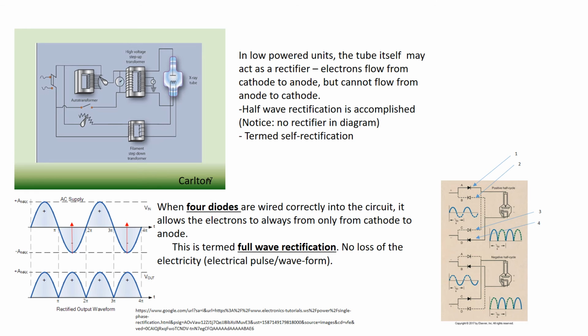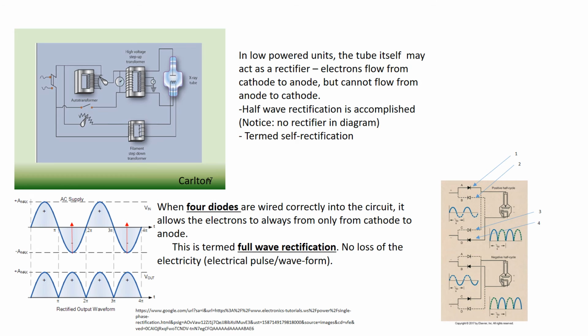If we take a look at the drawing over on the bottom left, here at the top we've got just a typical AC current, with the up hump representing the positive side of the cycle and the bottom the negative side. When you incorporate 4 diodes into the circuit and put those one-way street signs in there, so to speak, allowing electrons to only flow from the cathode to the anode, you actually take the bottom humps, those parts of the circuit below the horizontal line, and I drew red arrows showing you, flip them up.